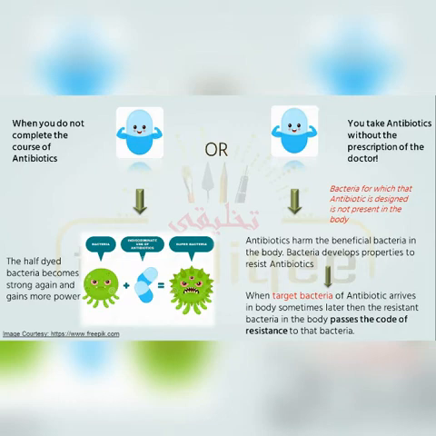The half-dead bacteria start to build up their strength again and try to adapt ways to avoid antibiotics if taken again. The second situation is when we take antibiotics without a doctor's prescription. For example, it's quite common in Pakistan to take amoxicillin for every other infection. Using leftover medicines from a previous encounter can also be the situation.